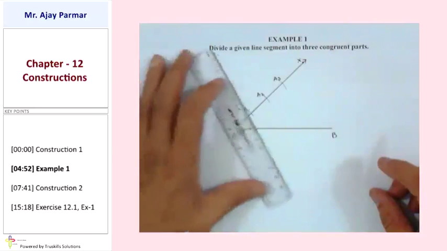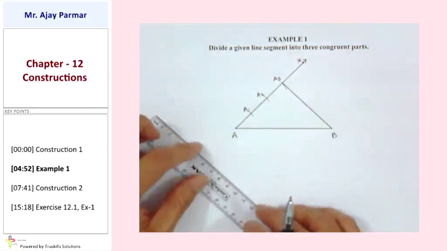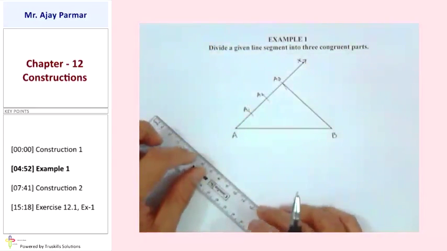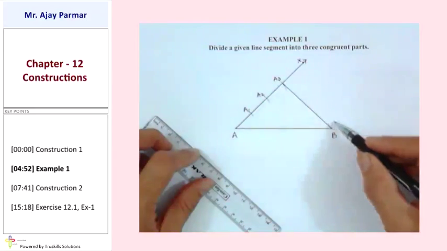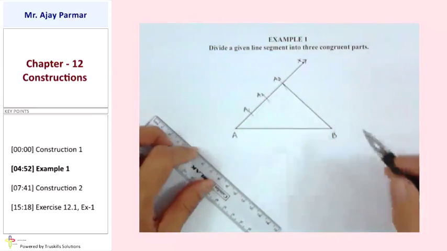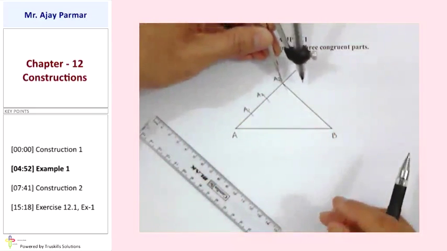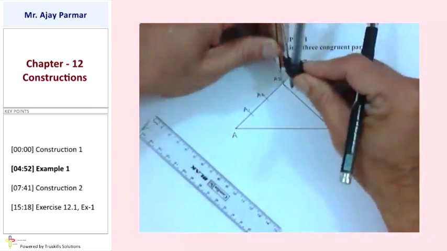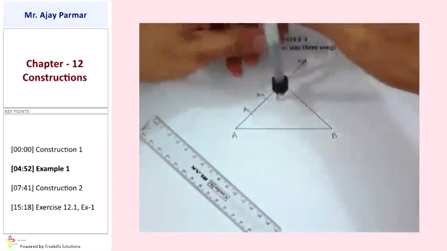I shall join A3 with B. Then I should draw lines passing through A2 and A1 which are parallel to line segment A3B. For that, I am supposed to draw an arc. That is nothing but the same as construction of congruent angles.